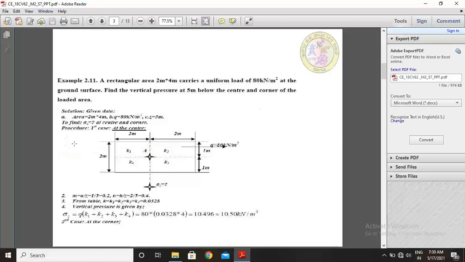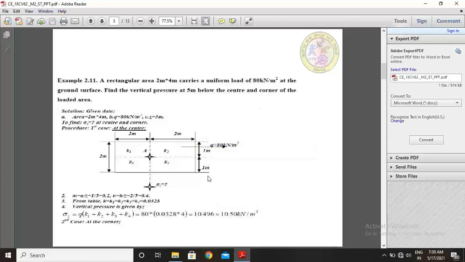Procedure. First case, you solve the problem at the center. First case is at the center, that is point A at the center. Now plot the rectangular area, that is 2 meter by 4 meter. In this you divide into 4 rectangles. So this is 2 meter, this is 2 meter.